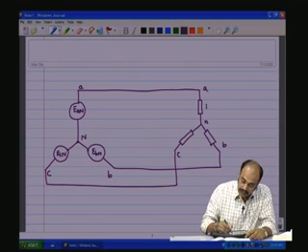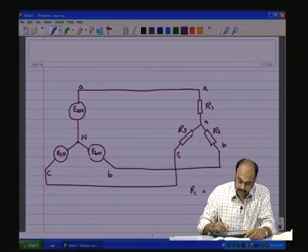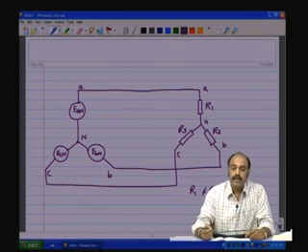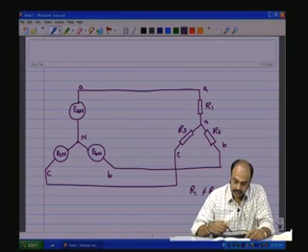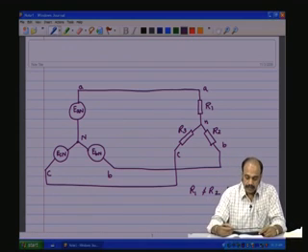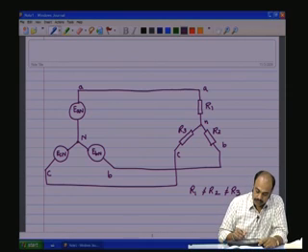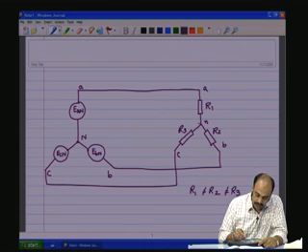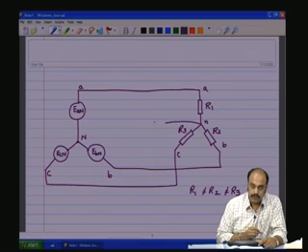Now, if the loads were not equal but unbalanced, that is R1 is not equal to R2 is not equal to R3, under such conditions, we saw that the currents through each of the phase loads are going to have different effective values. As a result, IA plus IB plus IC, which is equal to 0 instantaneously, in the wire that goes out from here is not 0.